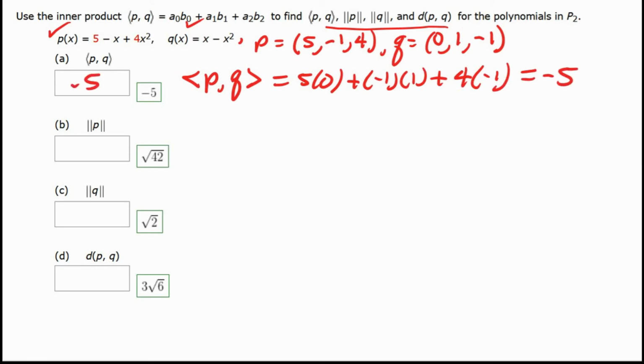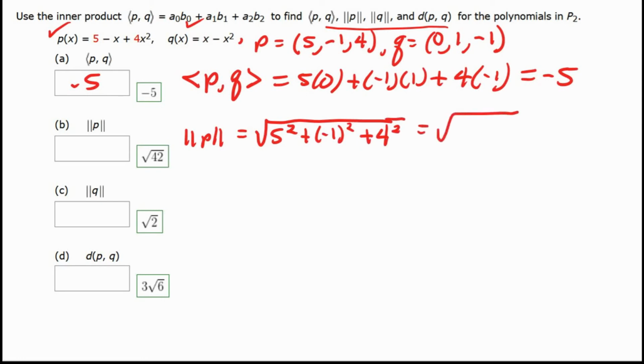The norm of p is the square root of, look at the components of p. So that's 5 squared plus negative 1 squared plus 4 squared. So we get 25 plus 1 plus 16 under the radical.